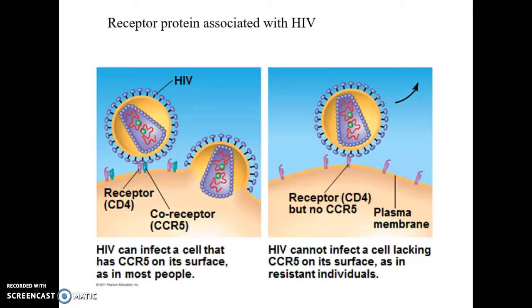Those attach to your CD4 and your CCR5 co-receptor molecules on your cell membrane, and that's what allows HIV to infect the cell. For some reason, some people do not have the CCR5 receptor. So when HIV hits their cell, it can't recognize it, it can't attach to it, and it cannot go into them. They are immune to HIV.